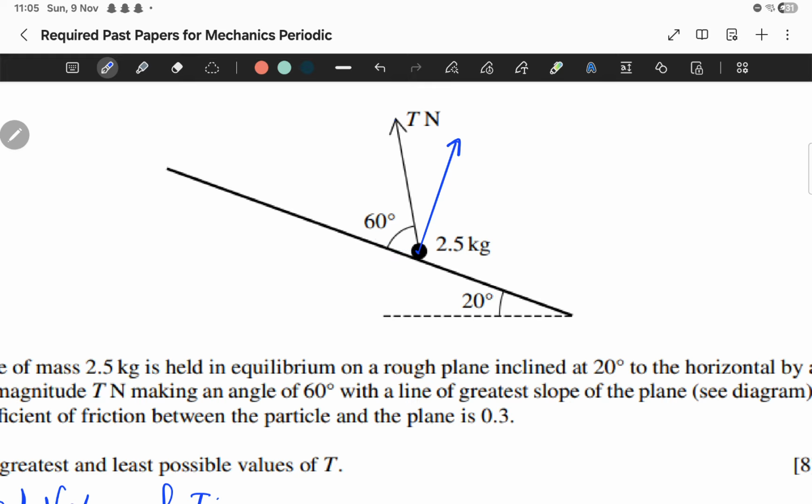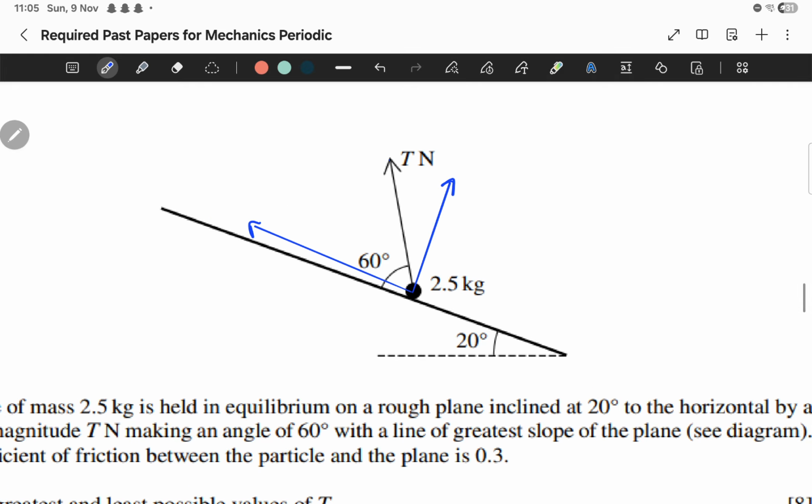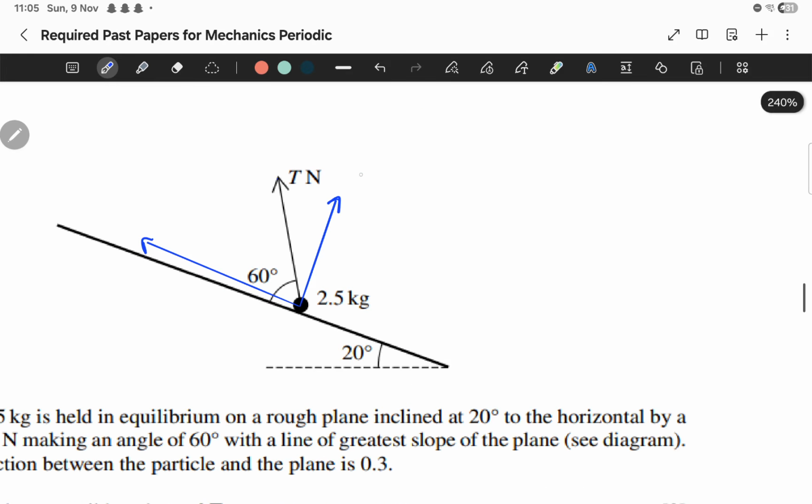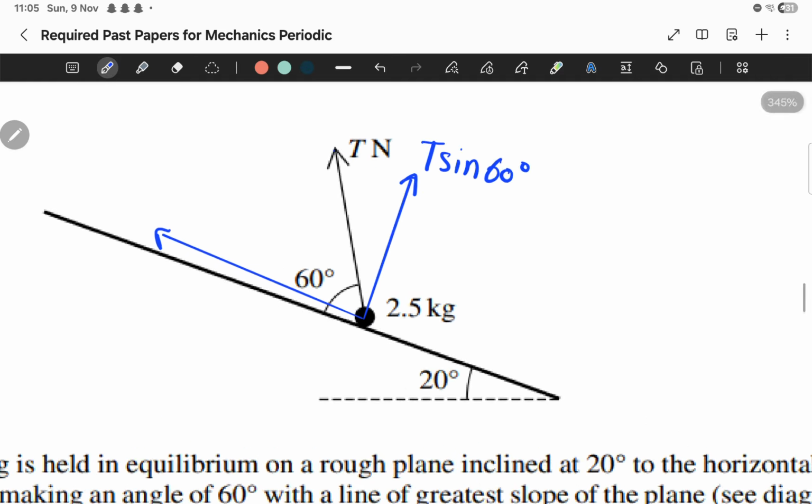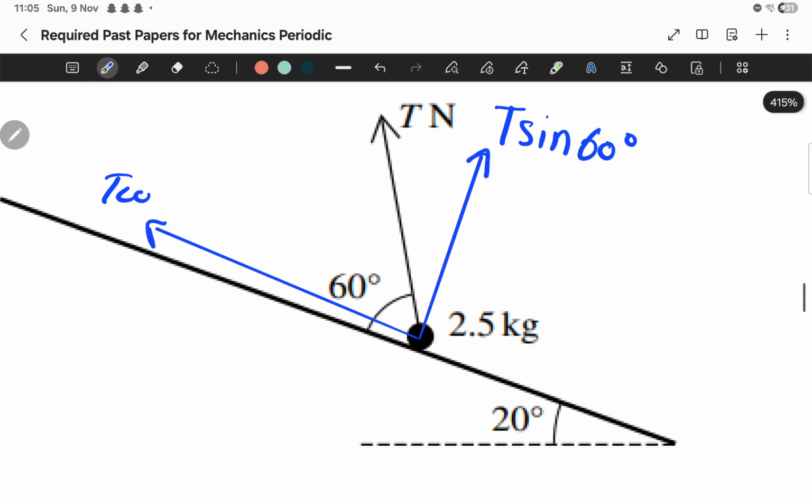That's very long. Why did I do it like that? Okay, now this is T sine 60. This is T cosine 60.